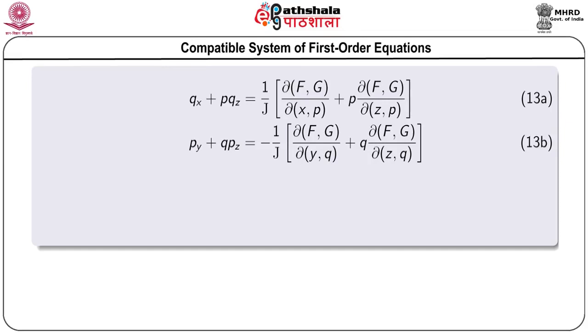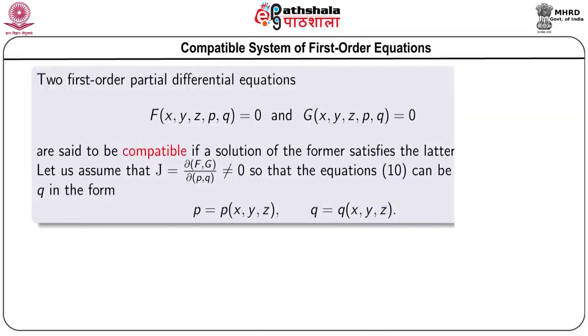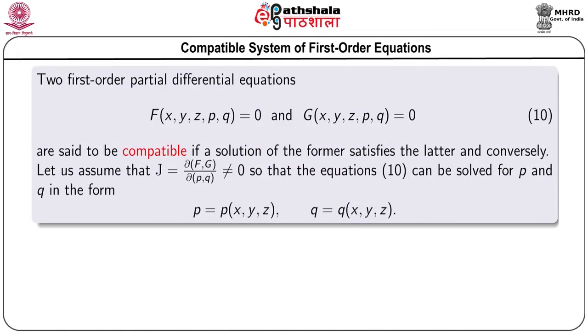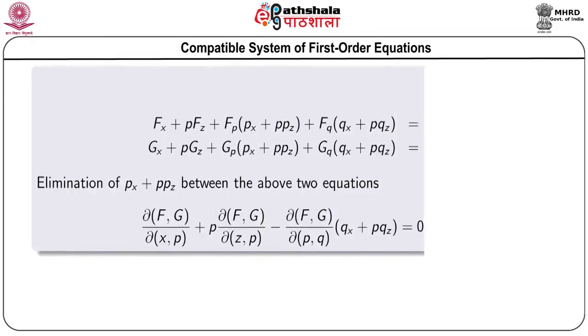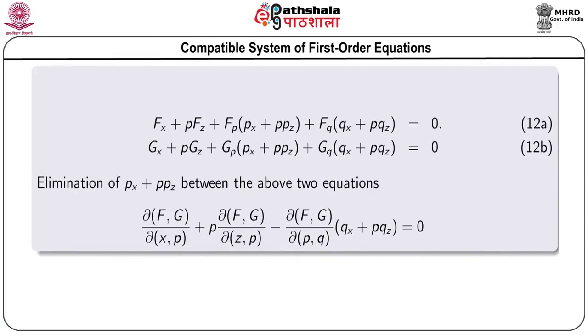Similarly, if we differentiate equation 12 with respect to y and z, we can get the relation which is written in 15b. Py plus Q Pz equals minus 1 by J, del (F,G) del (Y,q) plus Q del (F,G) del (Z,q).